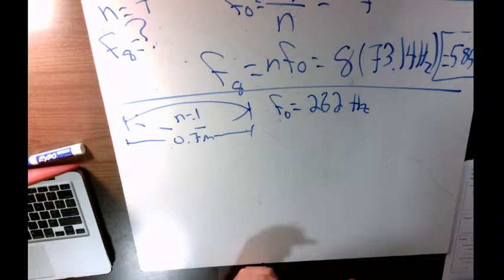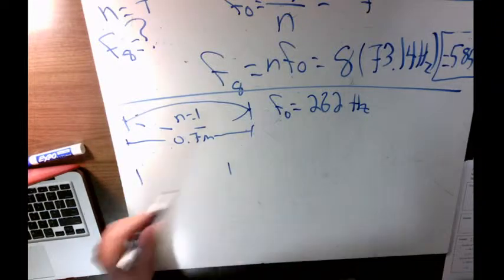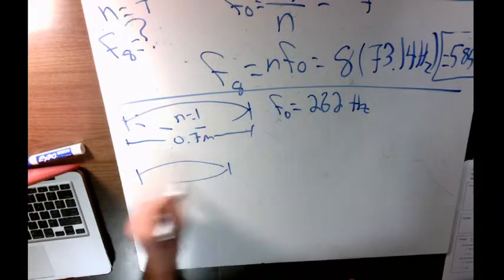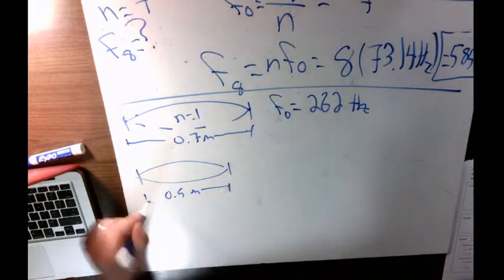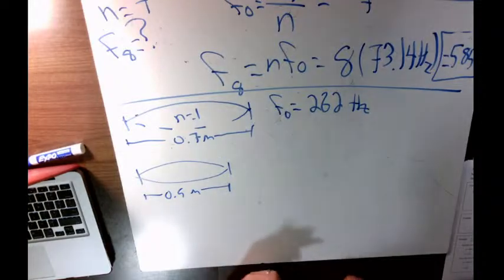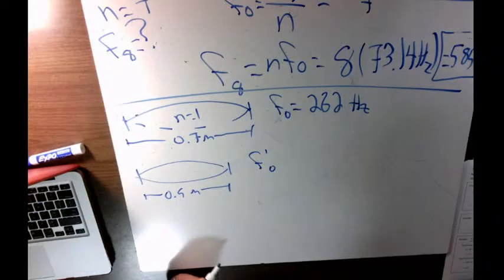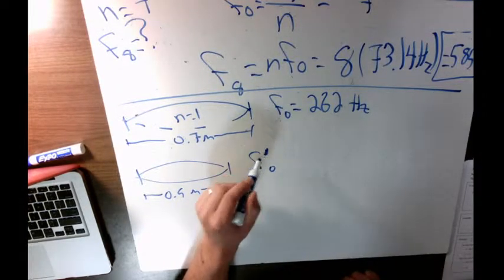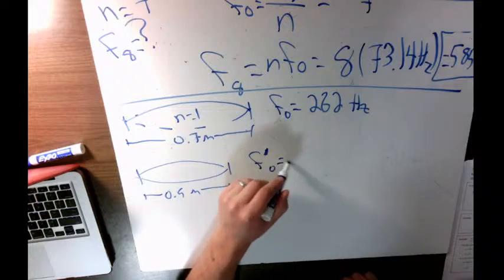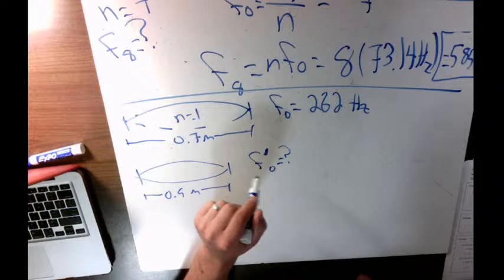Now we're going to do some weird stuff to this string. We're going to cut it to 50 centimeters. Same string, different length. And we're going to find its new fundamental frequency. I'll use this little apostrophe, which in physics means prime, or that something has changed. And that's my new fundamental frequency of this new length.